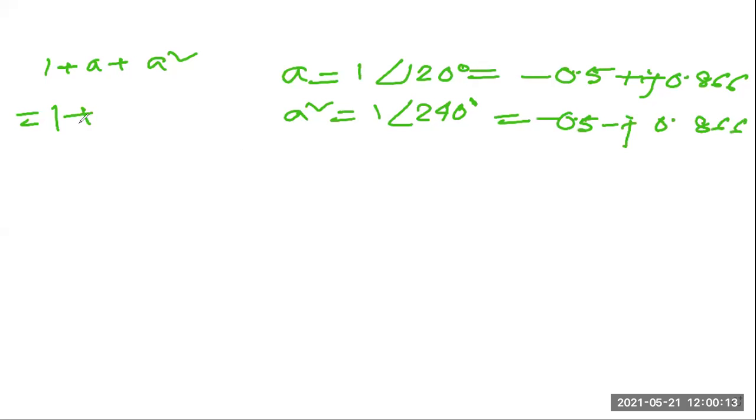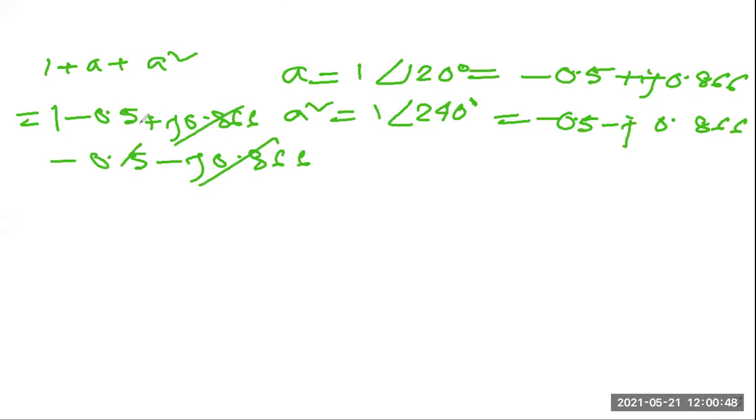So here we substitute: 1 plus minus 0.5 plus j 0.866 plus minus 0.5 minus j 0.866. So this will cancel and this will cancel. This will be equal to 0. Yes or no?